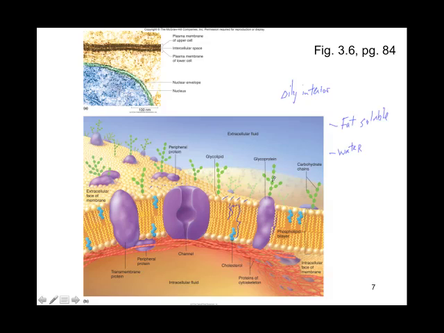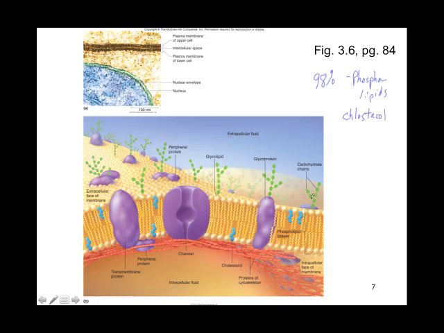Now, if we go back and take a look at the plasma membrane as a whole again, the majority of that plasma membrane is 98% lipids. And this includes mainly phospholipids. The majority of that 98% is those phospholipids. But we also have some other lipids. We have cholesterol in there. Remember I talked about that as a lipid.